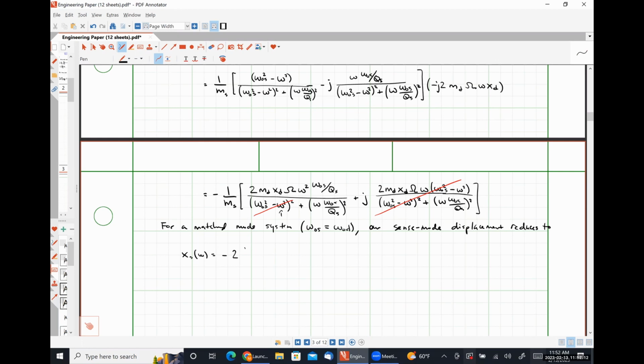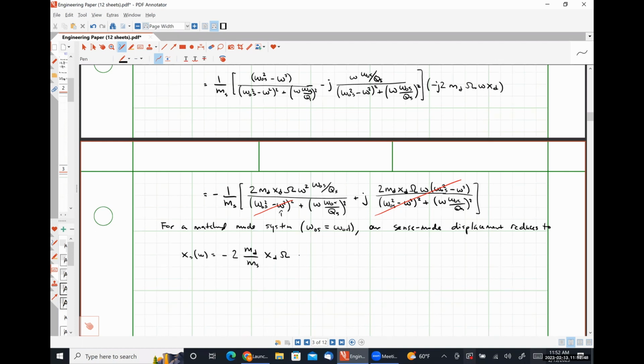And so we wind up having negative 2 MD over MS, then XD capital omega. On the bottom there, we have omega naught S squared over QS, quantity squared.